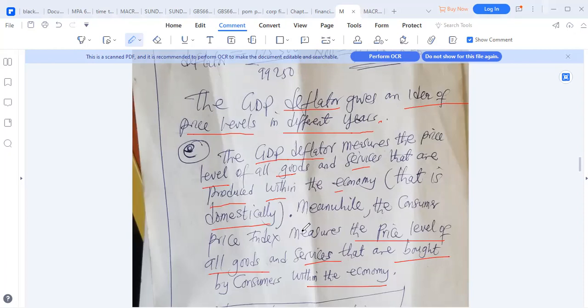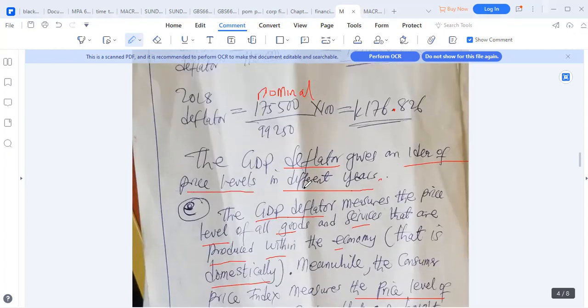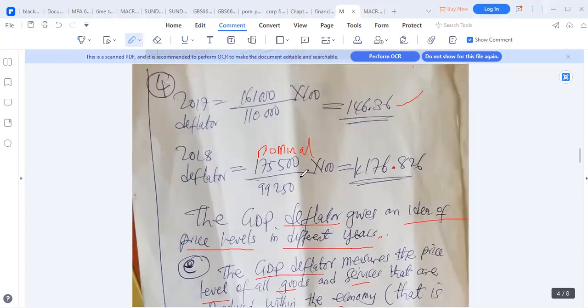The deflator measures goods and services that are produced within the economy, while the consumer price index measures goods and services that are bought by consumers. So this is about question 1 of this problem that we are looking at.